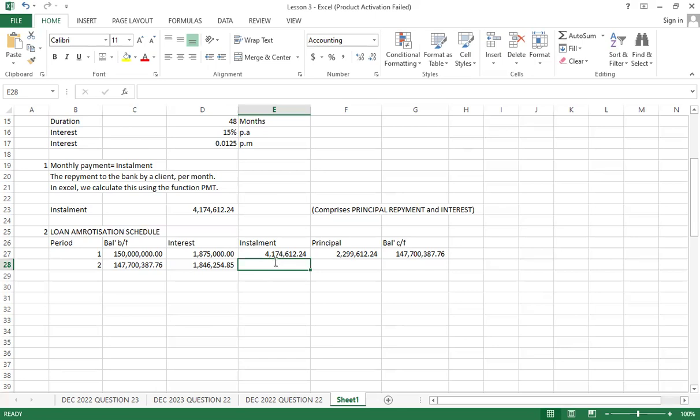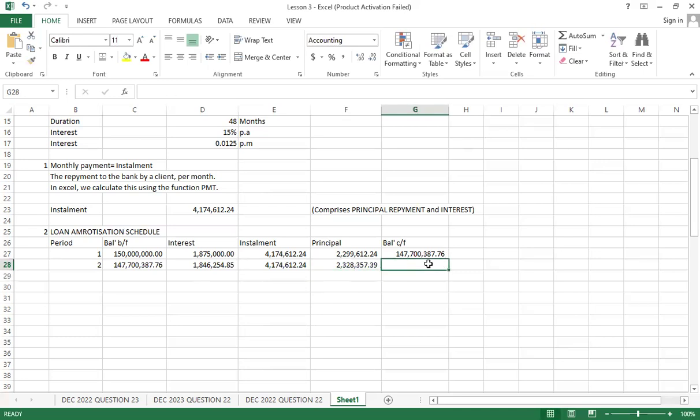The installment is still the same, which we computed in part 1. So just say equal to, and then copy that from part 1. So the principal repayment for month 2, again, is the installment minus the interest of 1.8. That's about 2.3.